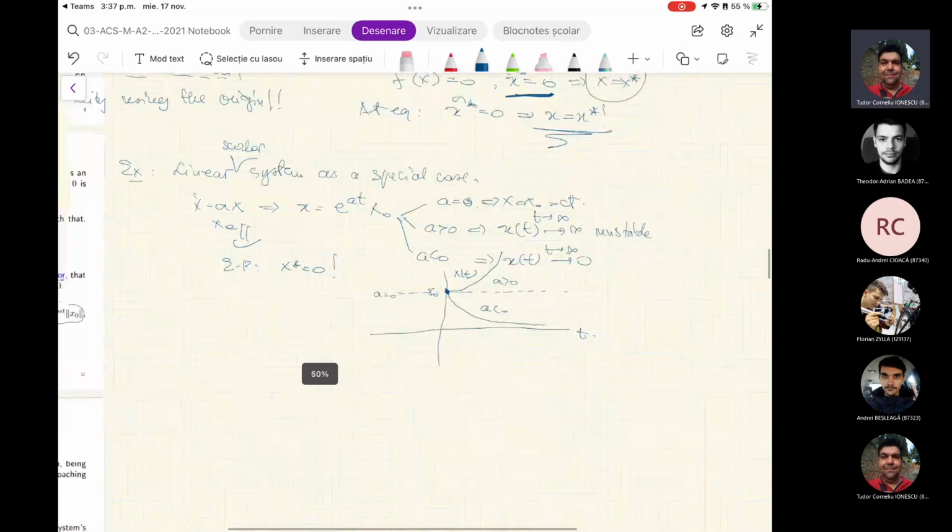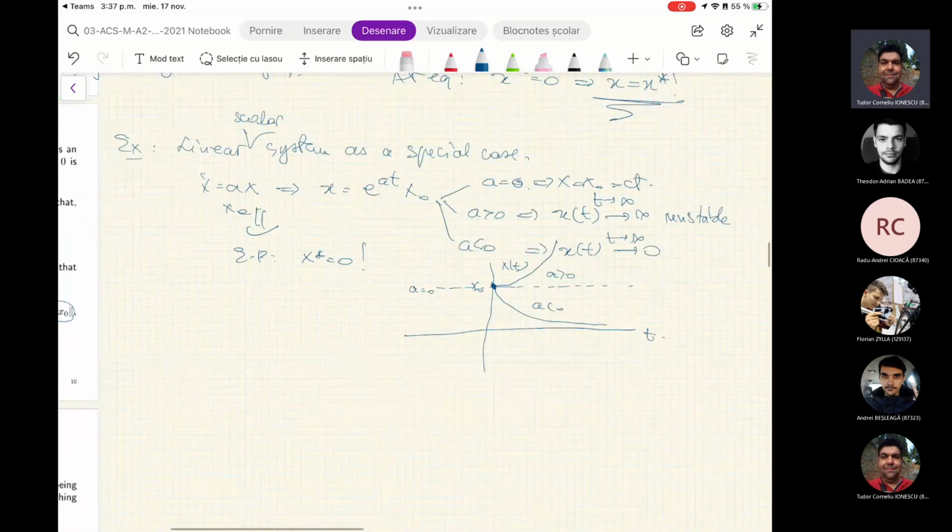But here, since this is a global solution, you can say that stability is not only of this trajectory, but is the property of any trajectory.